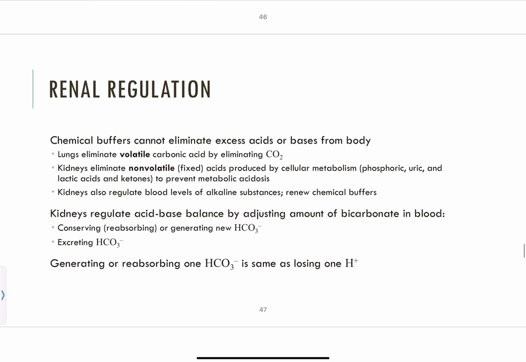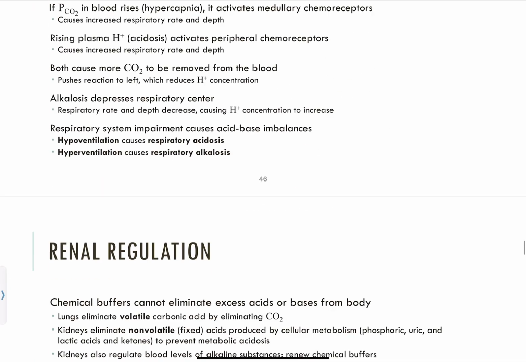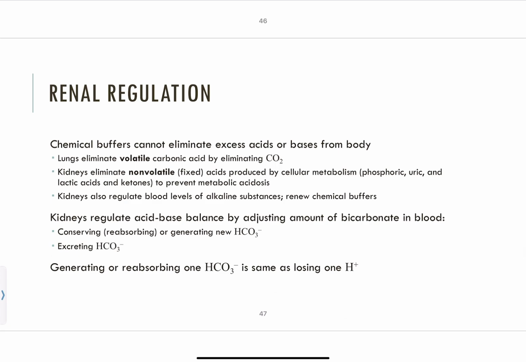Okay, the renal system and the urinary system, this is going to be, again, our major one. The renal regulation is going to be our ultimate acid-base regulatory organ. Like I said, the downside is that the kidneys act pretty slowly. The chemical buffers cannot eliminate acids or bases from the body.